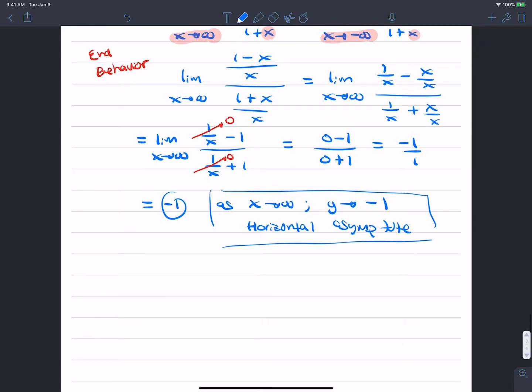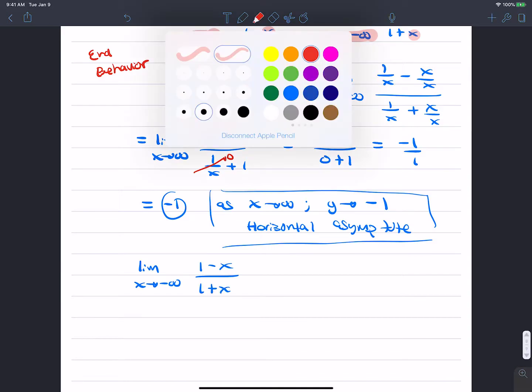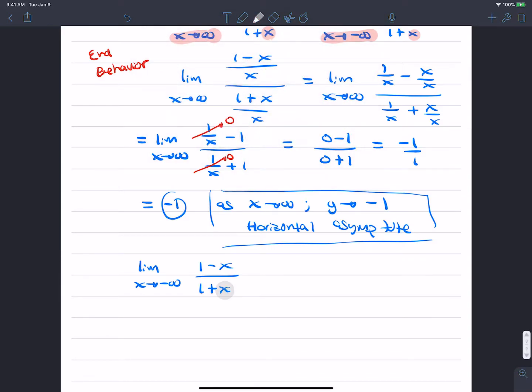So for that limit now, x goes to minus infinity. You have 1 minus x, again, over 1 plus x. It's the same process where you divide every term by the variable with the highest power in the denominator. You're going to divide by x.